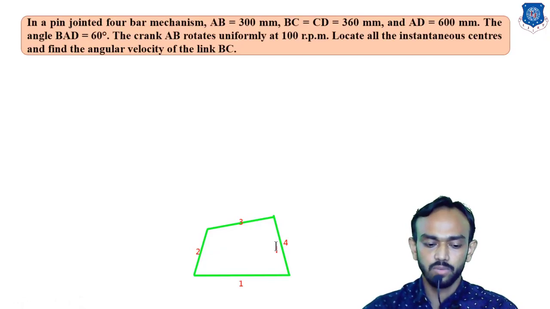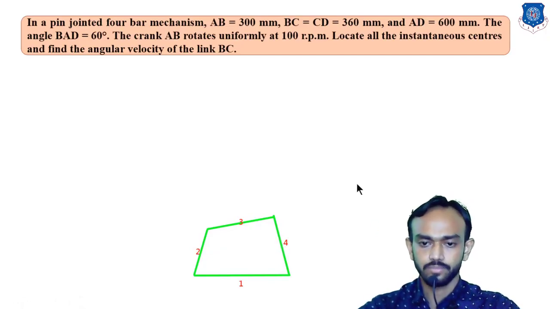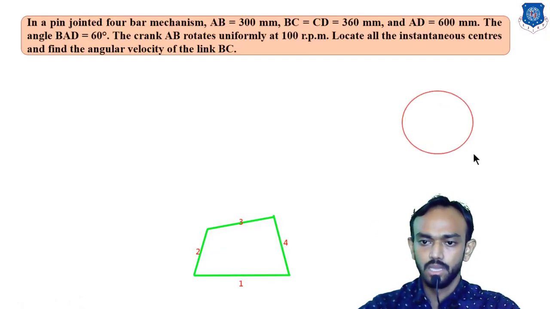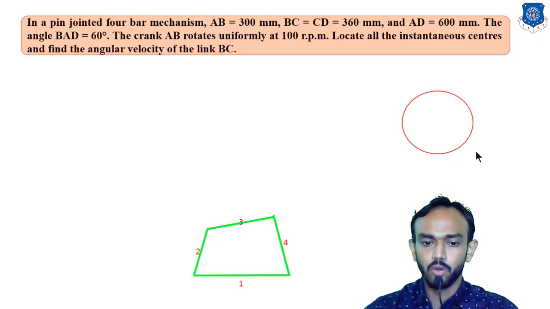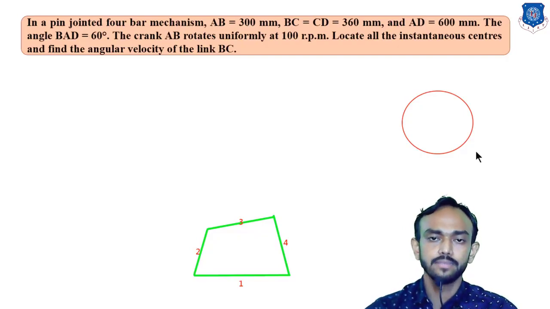For that, first of all you have to make the circle, and you will draw the square inside of this circle, because the number of links is 4 in this case. If you have 5 links in your mechanism, you have to draw the pentagon. If there are 6 links, then you have to draw the hexagon, depending on the number of links.